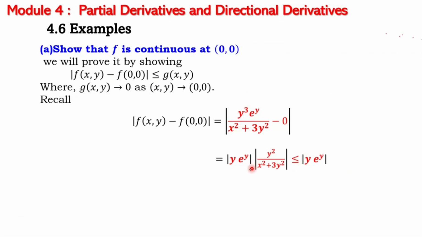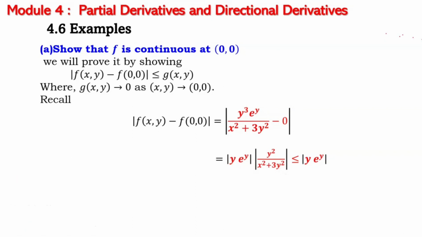So this can be written as y e^y times y squared over x squared plus 3y squared. How did we get this? From the y to the power 3 we kept y squared, and took the remaining y and e to the power y separately, and the denominator is x squared plus 3y squared.